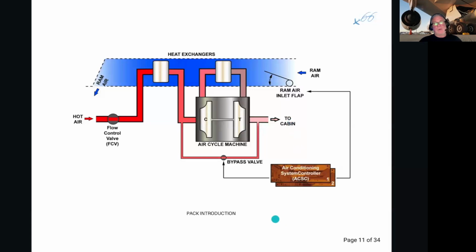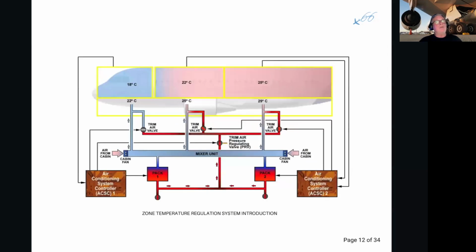All right. So these air conditioning system controllers, we're going to see in a minute, they are an evolution of a box, of a computer, because they used to be a different system, but we'll stick with this at the moment. So we said the hot air comes from engine 1 into pack 1, and from engine 2 into pack 2.